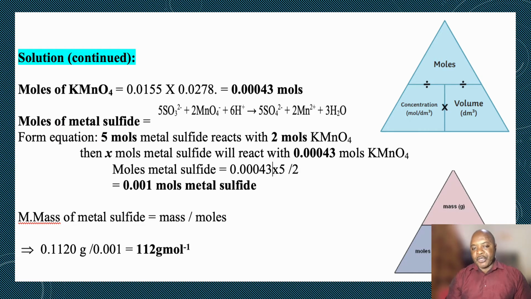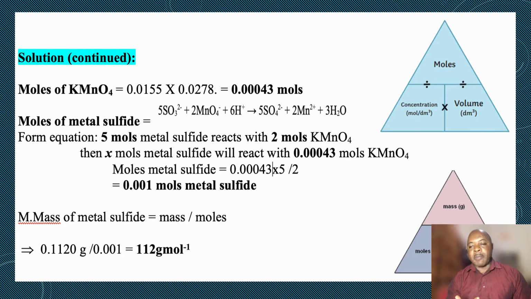See how I am doing it. From the balanced equation, 5 moles of the metal sulfide react with 2 moles of potassium permanganate. Therefore, how many moles of the metal sulfide will react with the 0.0043 moles of potassium permanganate that we have just calculated?